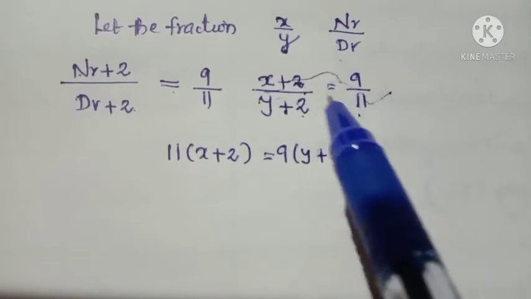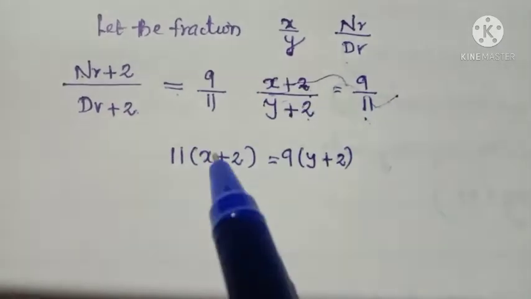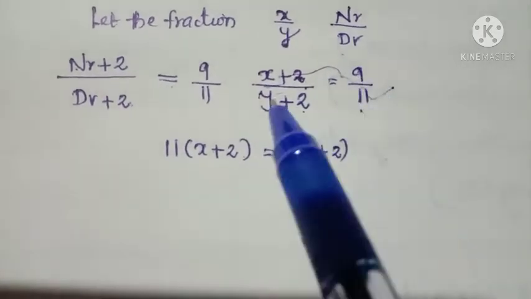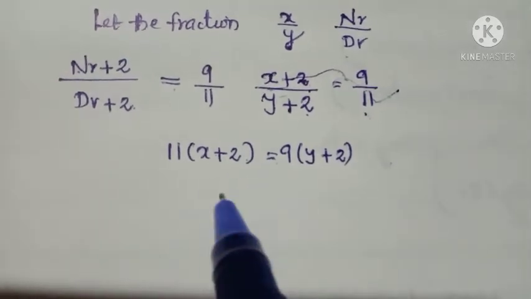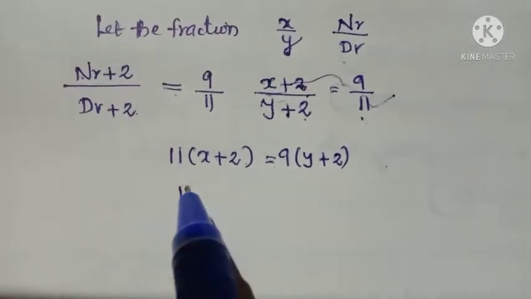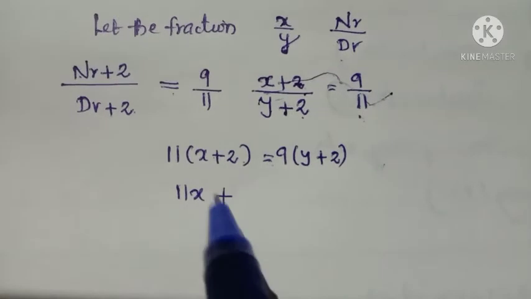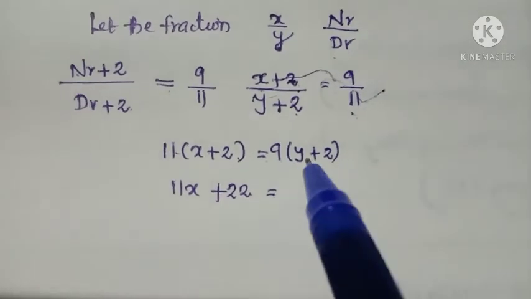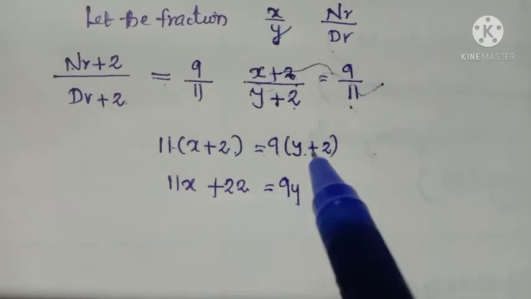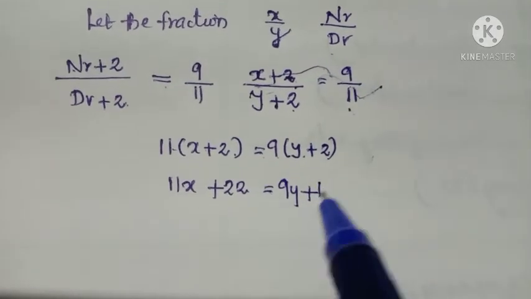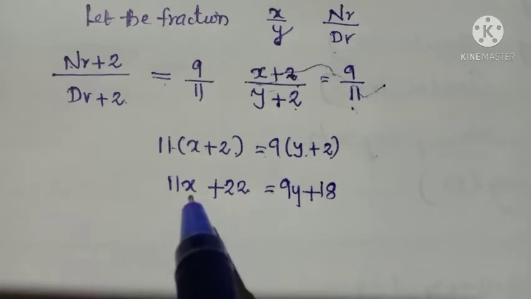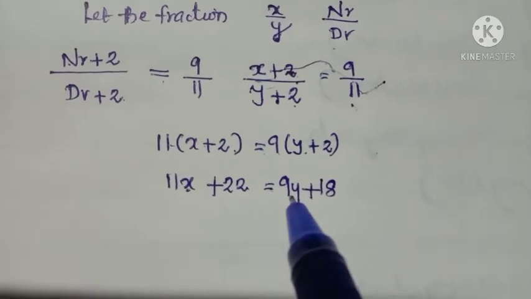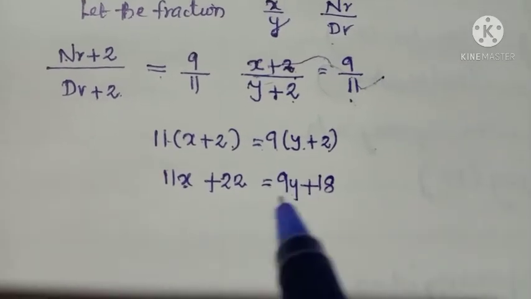Now take cross multiplication. 11 into x plus 2 is equal to 9 into y plus 2. Now open the bracket. 11 into x, 11x, plus 11 into 2, 22, equal to 9 into y, 9y, plus 9 into 2, 18. So 11x plus 22 is equal to 9y plus 18.